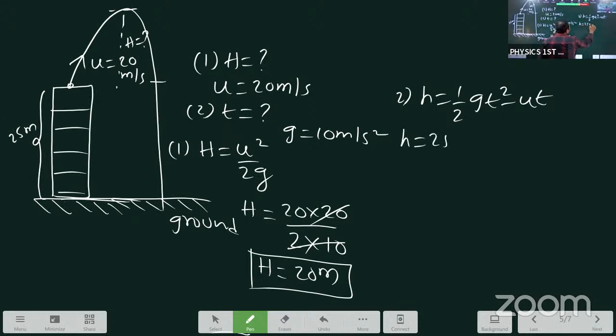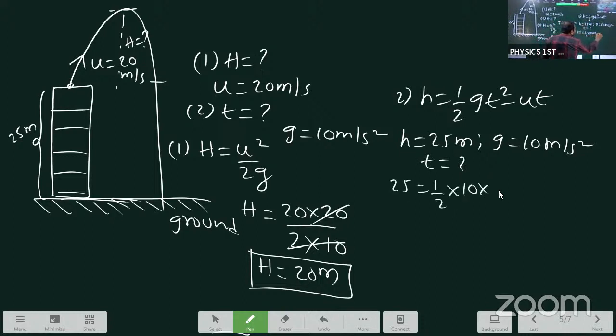H equals 25 meter, G equals 10, the approximate value. Now T equals question mark. H is 25, half GT square minus UT, initial velocity 20 into T. We get a quadratic equation: 5T square minus 20T, and 25 coming to the left side means minus.